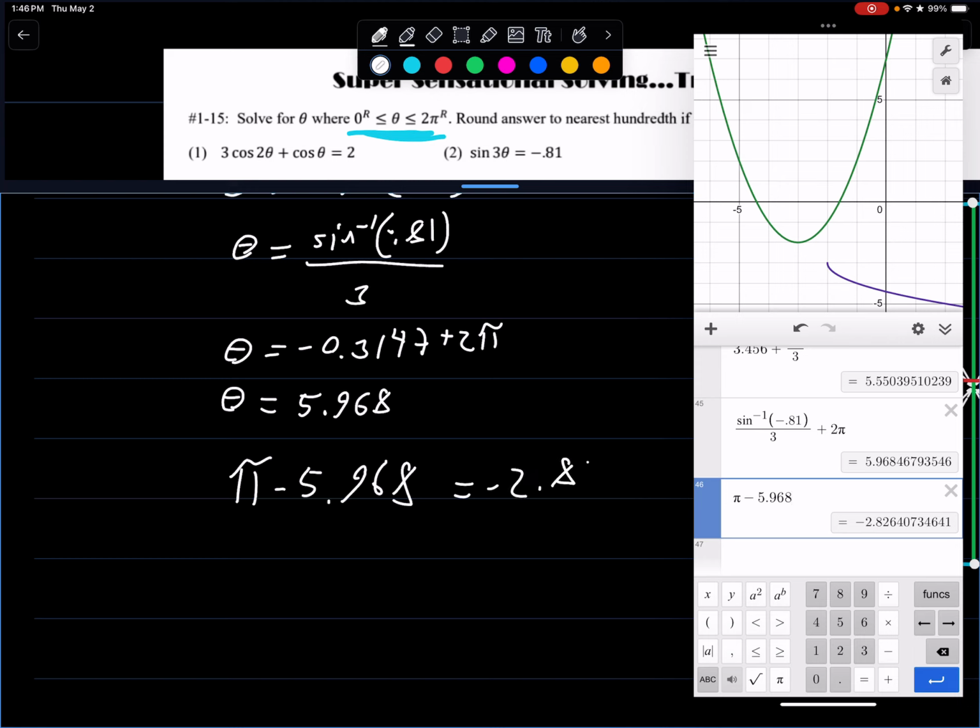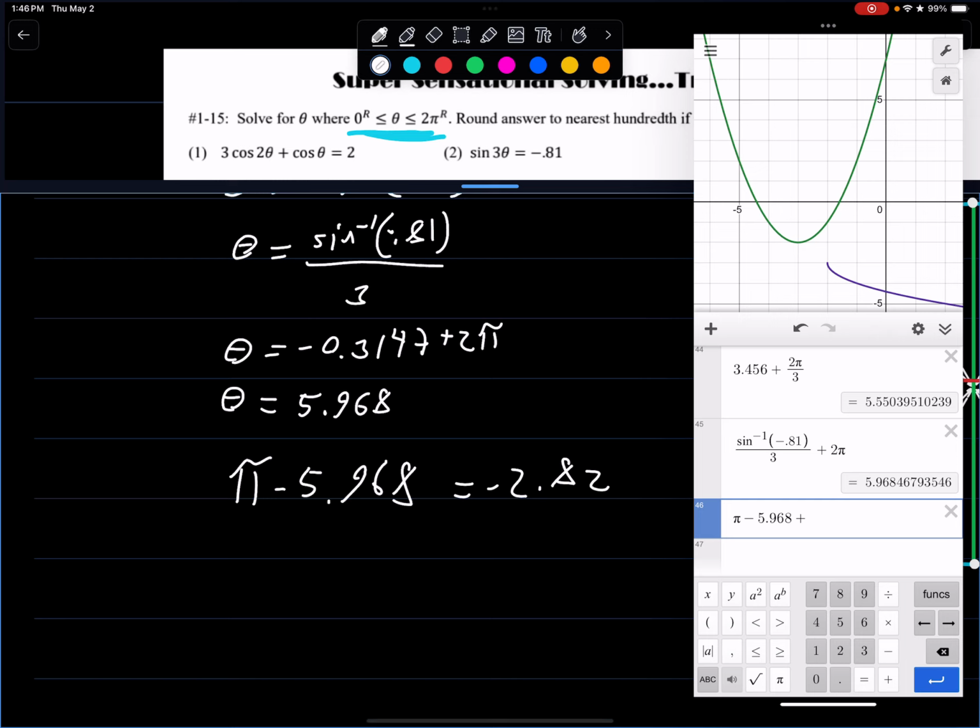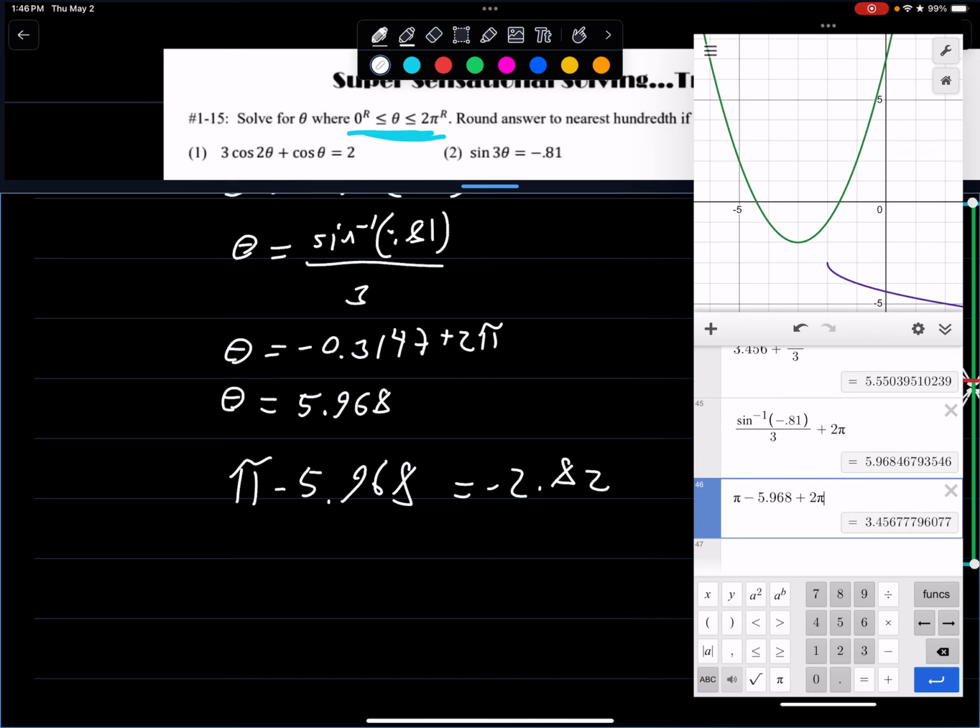But we can just convert that again, just like we did before, by adding 2 pi, turning it from a negative angle into the positive angle. And this actually is going to be your other positive solution.